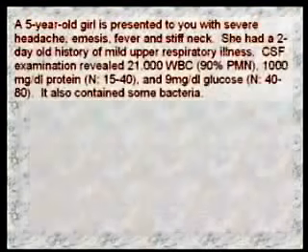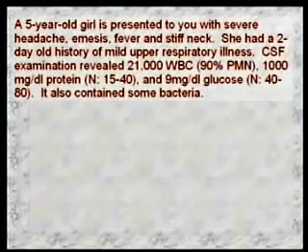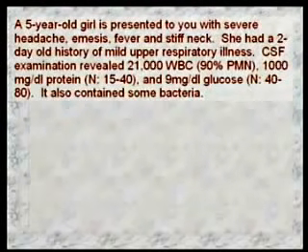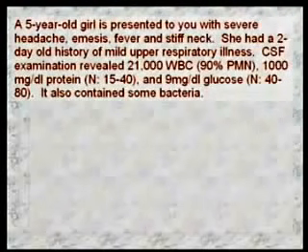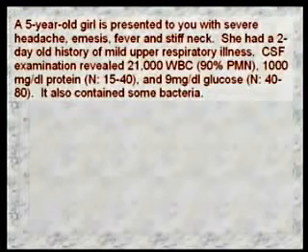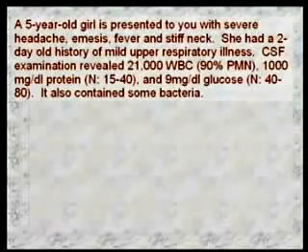Okay, so the next case is a 5-year-old girl presented to you with a severe headache, emesis, throwing up, fever, and a stiff neck. She had a 2-day history of a mild upper respiratory illness.